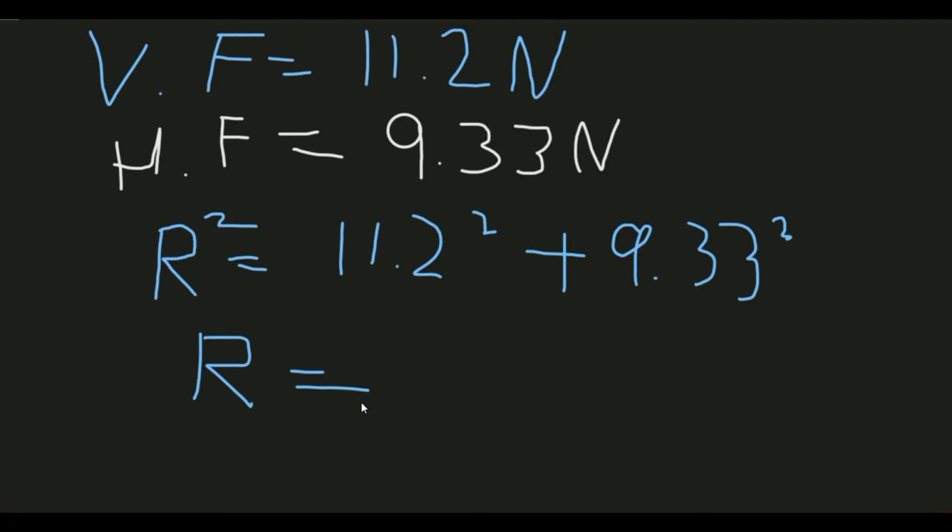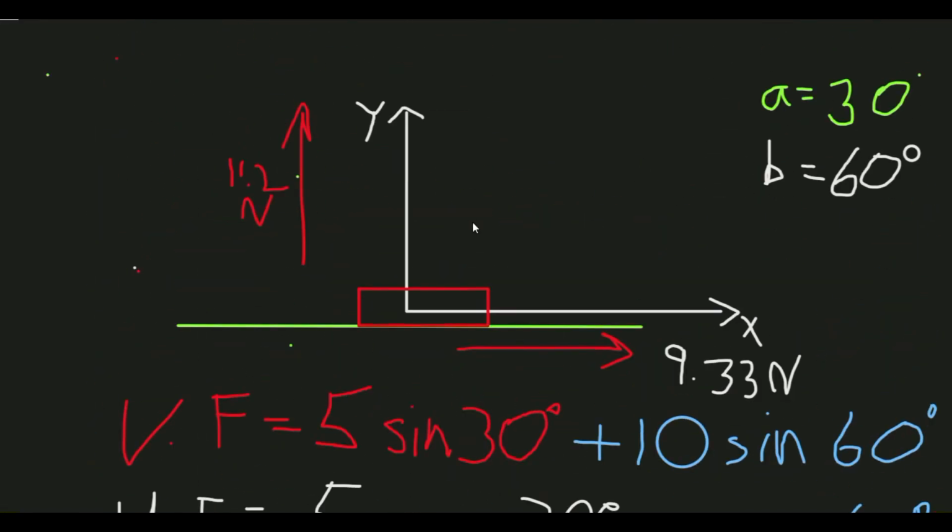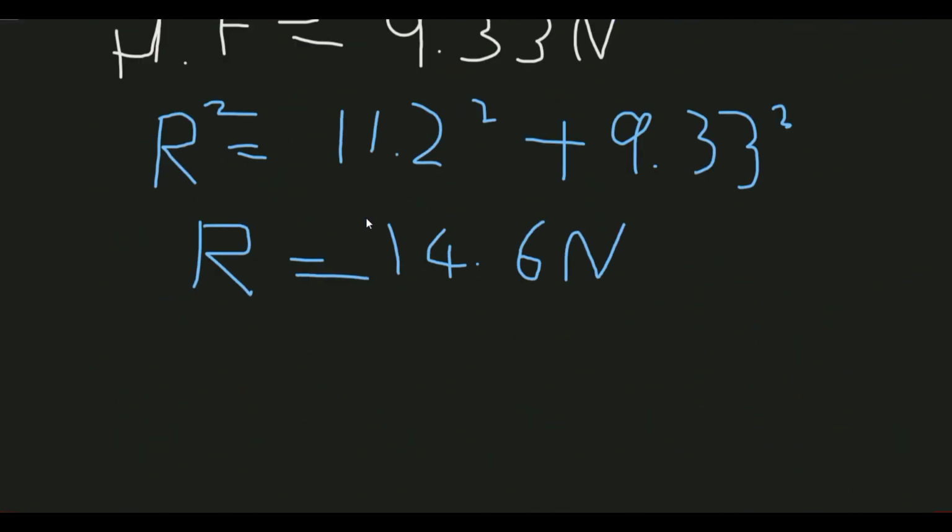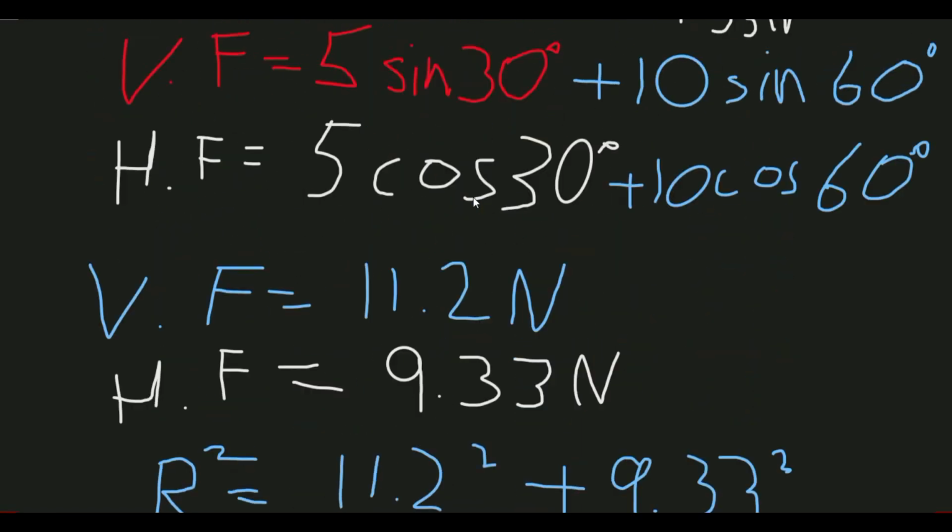If you calculate, you will find the answer, that is the whole root of 11.2 square plus 9.33 square. So the answer is 14.6. So here we can say that it's 14.6 Newton. So the resultant force from those two forces we saw before is 14.6 Newton.